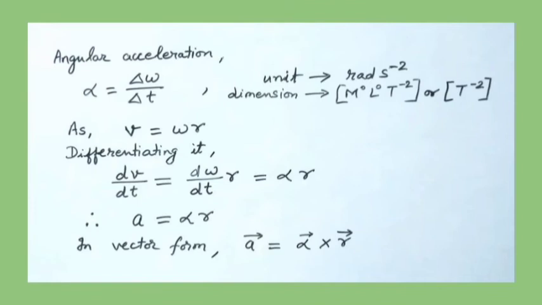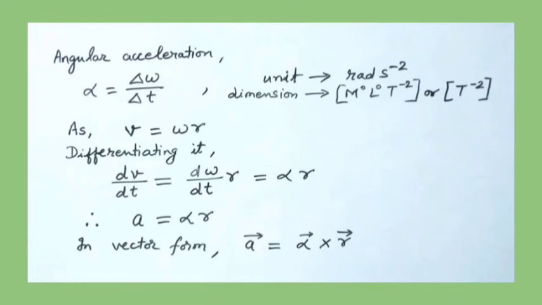Then angular acceleration alpha is equal to delta omega by delta t. Its unit is radians per second square and dimension is M to the power 0, L to the power 0, T to the power minus 2, or simply T to the power minus 2.